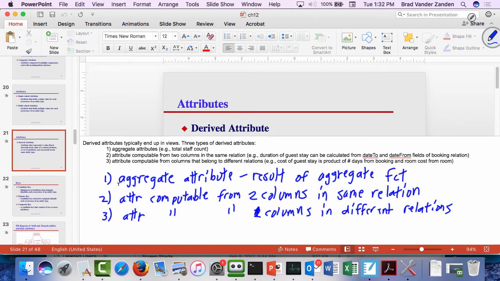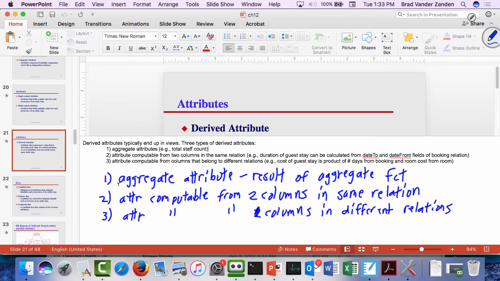We normally do not store derived attributes explicitly, and the reason is because they can be derived. What would be the problem with storing a derived attribute in our relation? You have to make sure you update it, otherwise you get consistency issues.